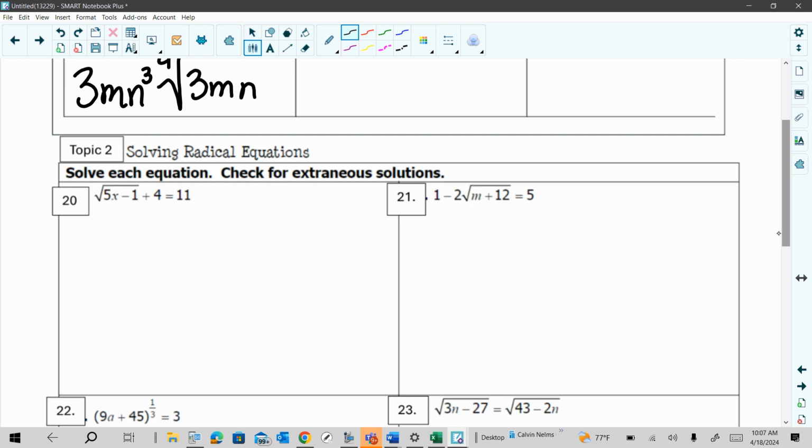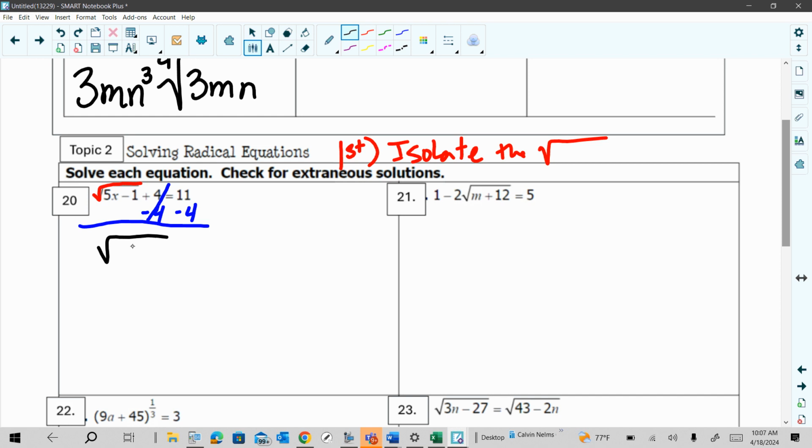So the first step is always to isolate the radical symbol. Get that symbol by itself. So if I'm looking at this symbol, the 5x minus 1 is underneath the radical, but this plus 4 is not. So you would have to first subtract 4 on both sides of the equal sign.